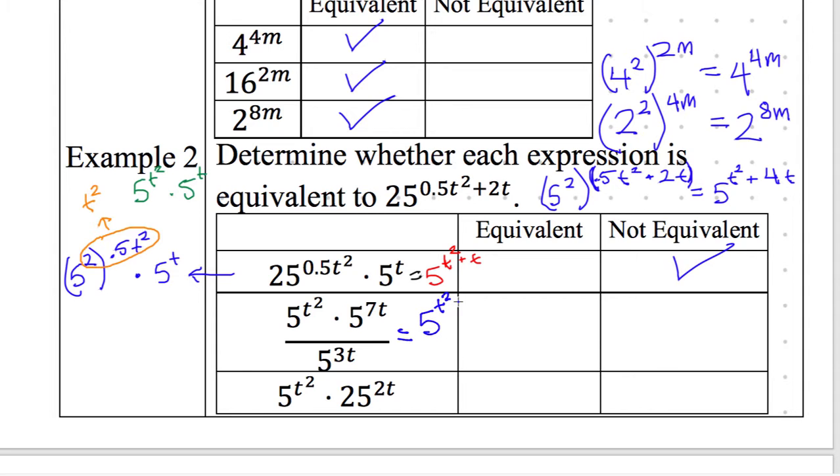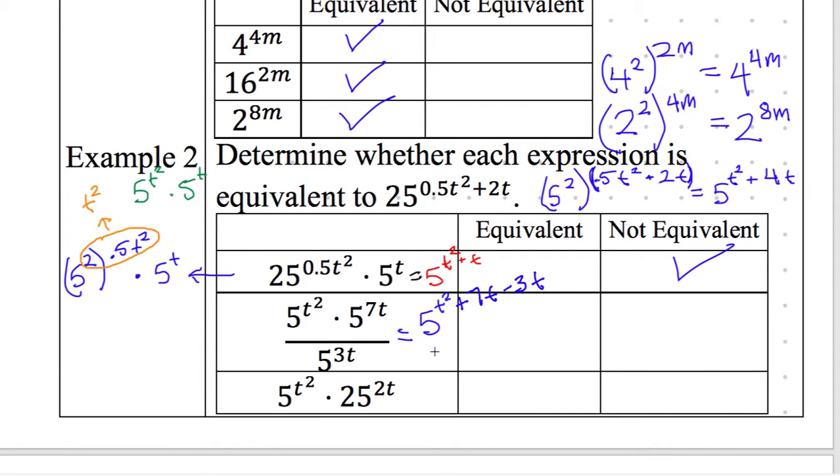What am I going to do with this 7t? You added. Exactly. This was multiplication, so I'm going to add t squared and 7t. I'm adding the exponents. So far, so good? So 5 to the power of t squared plus 7t, then what? Minus 3t.